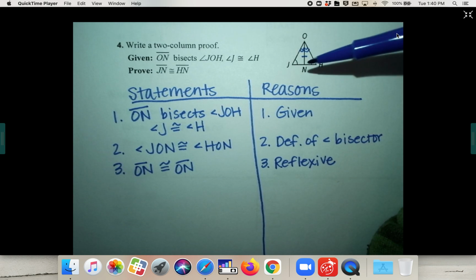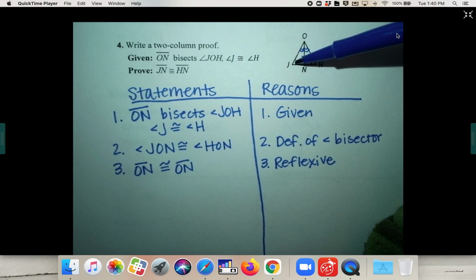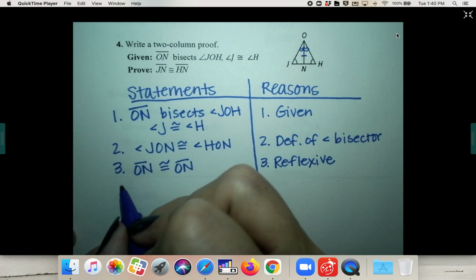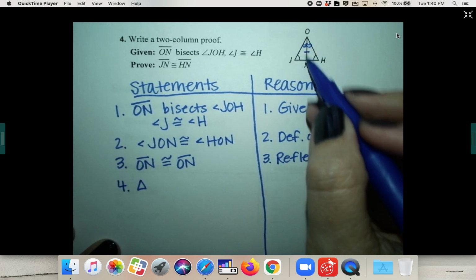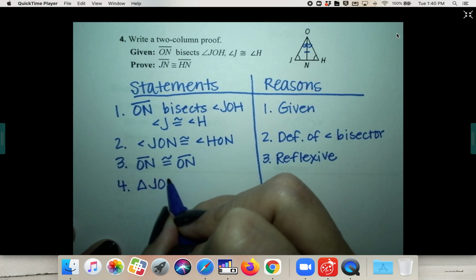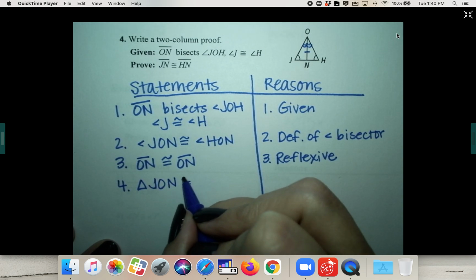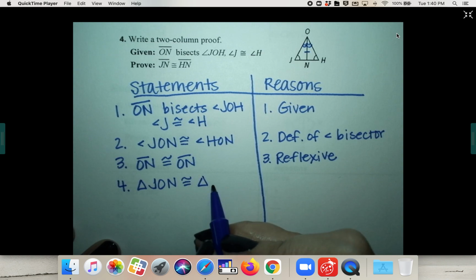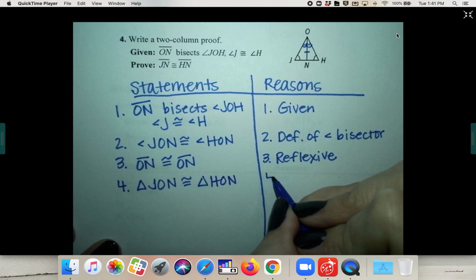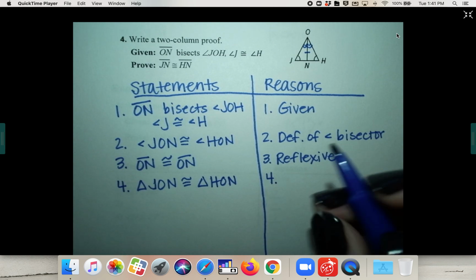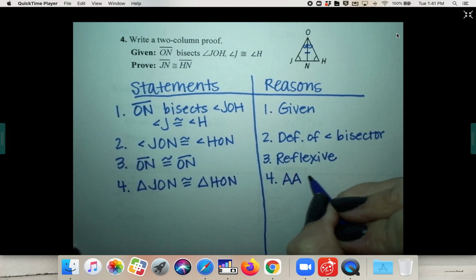All right, and then I think we're done because we have an angle and a side. The side is not between, so it's not angle, side, angle. It's angle, angle, side. So we can go ahead now and say that the entire triangle JON, and again, the order doesn't matter of how you put this as long as it is consistent with the order that you're putting the second one, to HON, and the triangles are congruent by way of angle, angle, side.